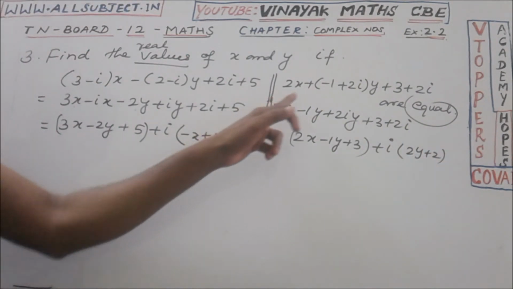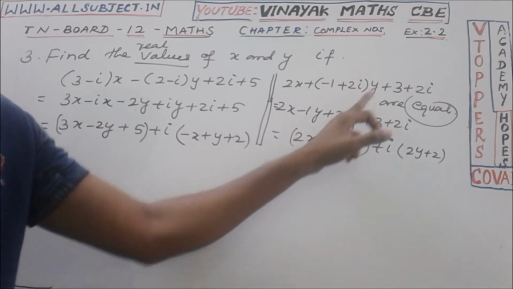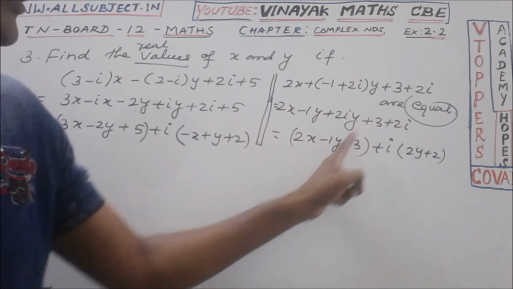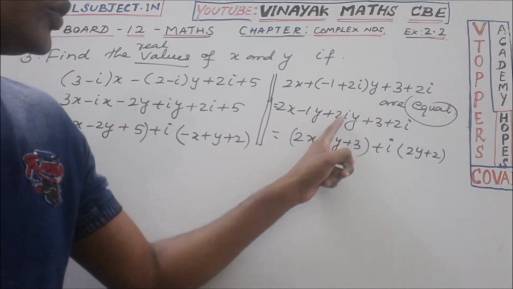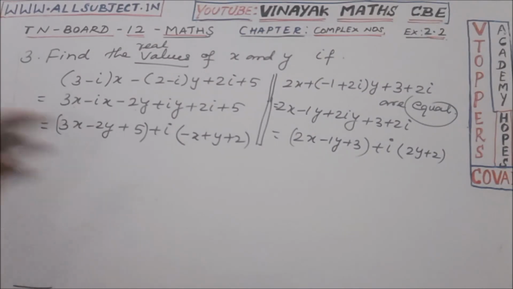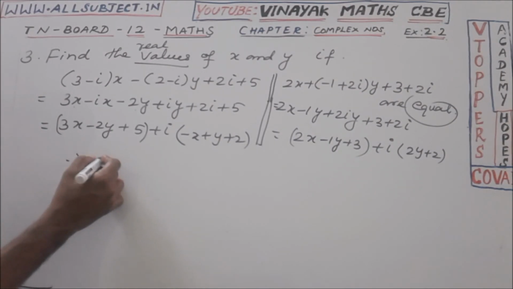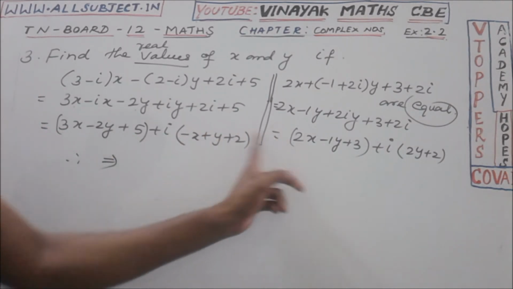Check it once: 2x minus 1 minus y and plus 2iy, 3 plus 2i. The real part is 2x minus y plus 3 and the imaginary part, taking i common, is 2y plus 2.